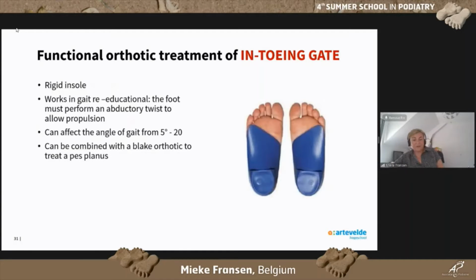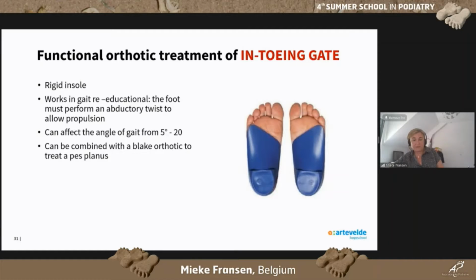For the treatment of an in-toeing gait, we normally use a rigid insole, and the anterior border runs from the 5th digit until the middle of the first metatarsal head. So in this picture, it actually is a little bit too short, to be honest. This insole works re-educational. So when the child will walk in-toed, the insole will block off normal propulsion.